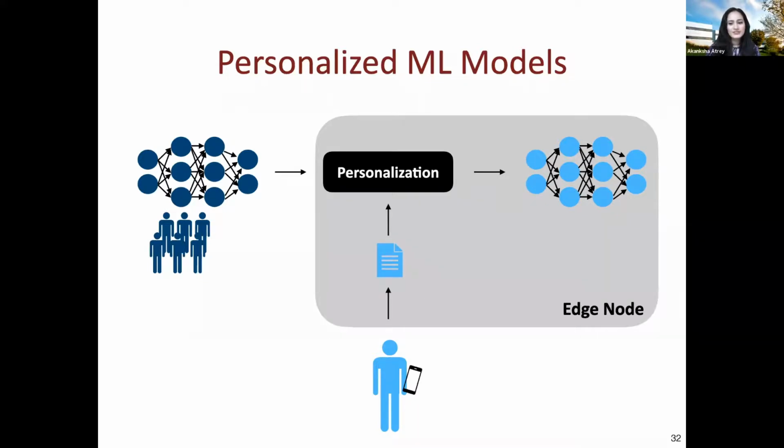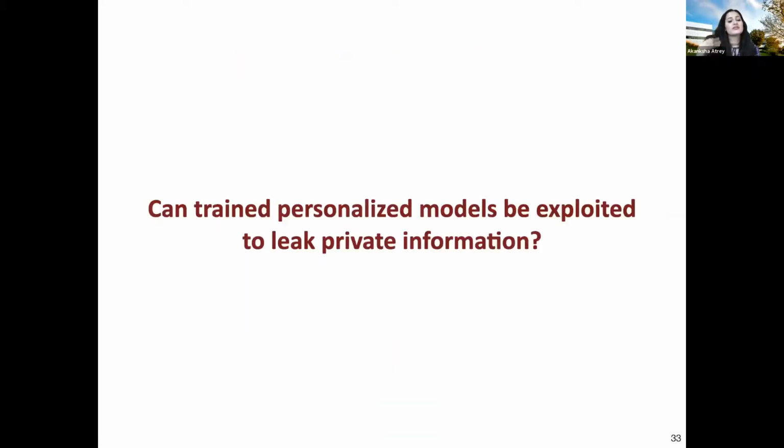However, what we're trying to look at here is whether you can still leak private information by exploiting a trained ML model. You do this whole process, but can trained personalized models be exploited to leak private information despite being trained locally? That's the key question here.